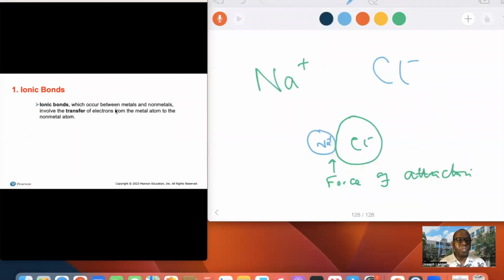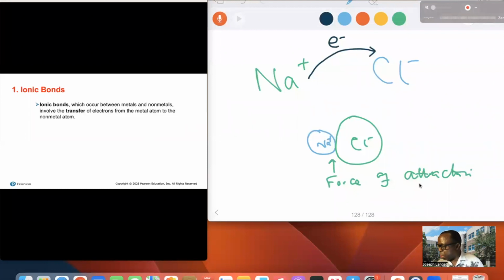And this involves transfer of electron, in the sense that sodium will lose one electron. You will see an arrow in some texts with e, meaning that an electron has been lost by sodium, and chlorine gained that electron, forming a negatively charged ion, leading to the force of attraction.